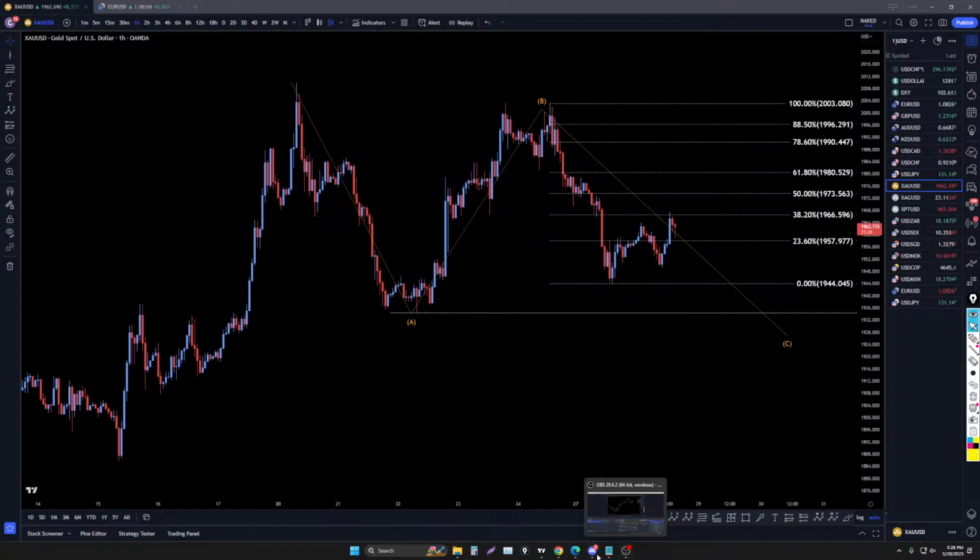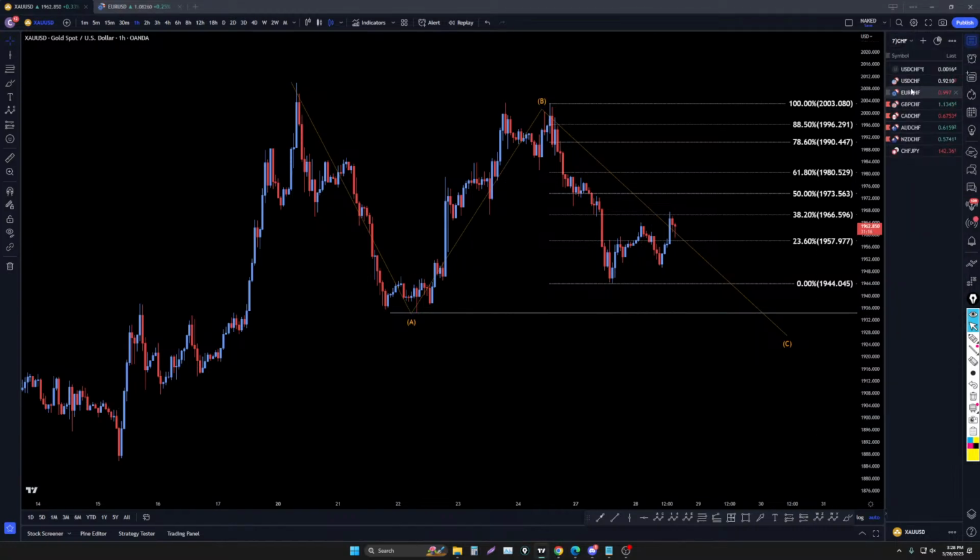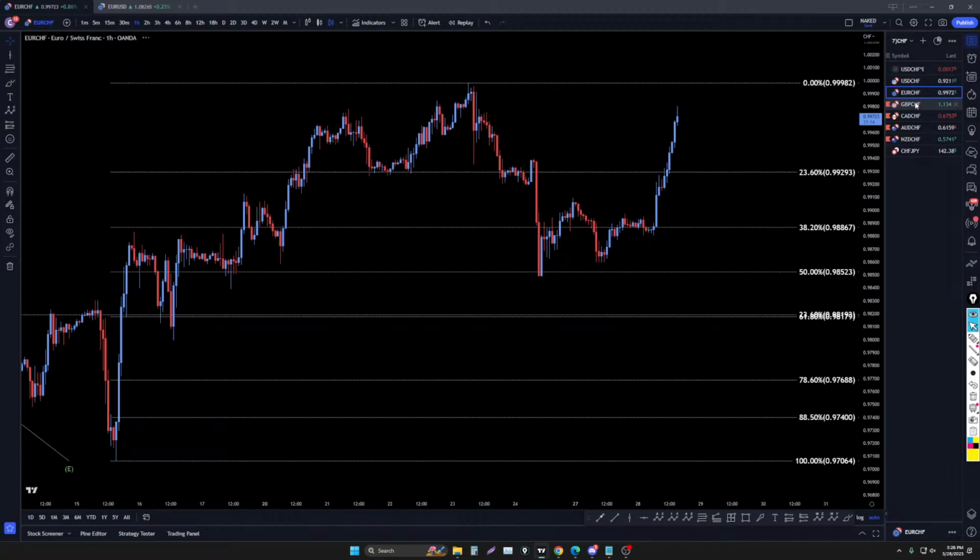Let me check Discord again and see if there were any more comments. Yeah, the Aussie Swiss. Yeah, we can look at that for you real quick. AUDCHF. I bet it's probably moving because the other Swiss pairs are moving also. Here we go, Aussie Swiss. I just want to see if it's all Swiss.